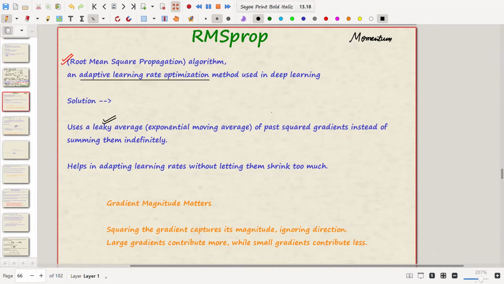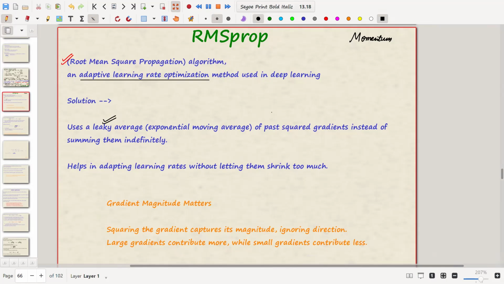In momentum based gradient descent method, you were using the past value of the gradient, but here it is a bit different. Instead of the past value of the gradient, you are using the past value of the squared gradient. That's the only difference.